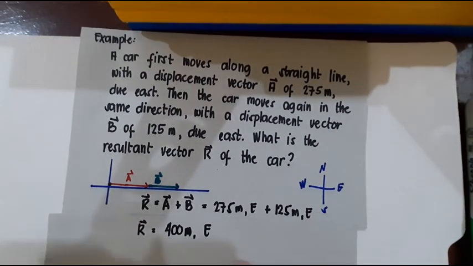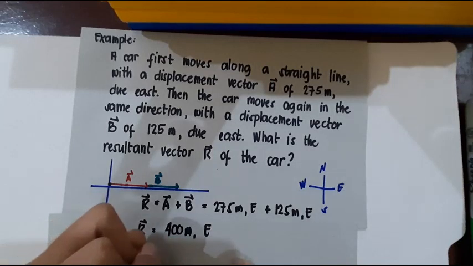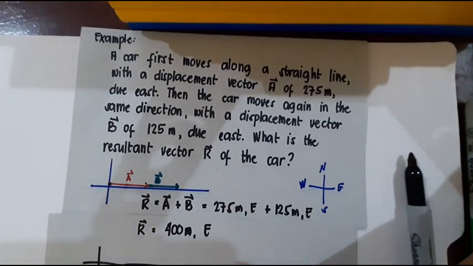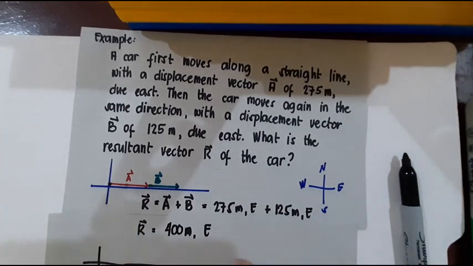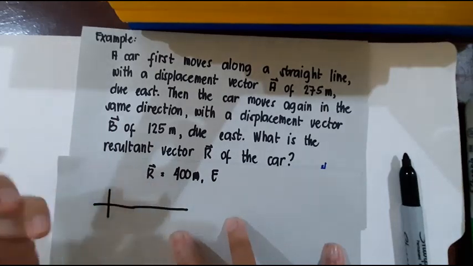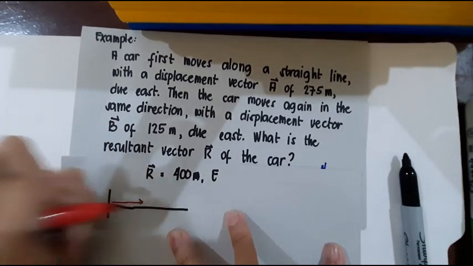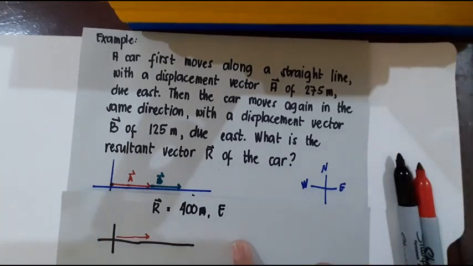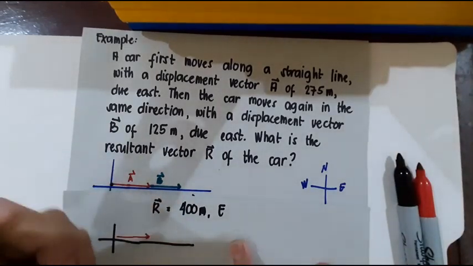Now, what about if they are in opposite directions? What if B is going to the west? If this is your vector A, then your vector B goes back, since it is due west.